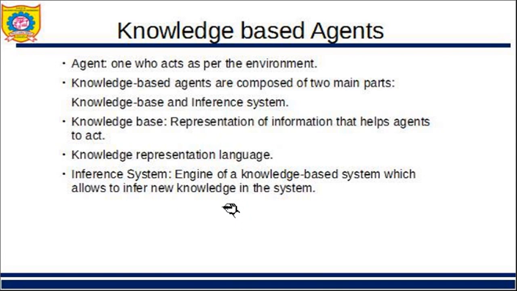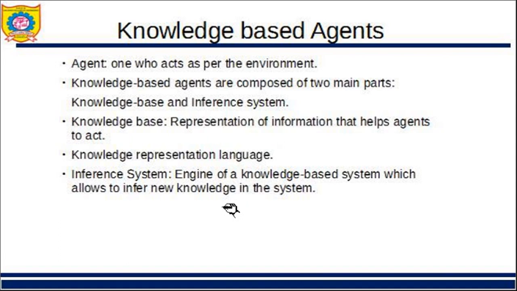To act, it needs knowledge of how to act, so that agent should know the background, what the knowledge is, so accordingly it can act. This is provided by the knowledge base. Whatever knowledge is needed by this agent is given to it by the knowledge base.